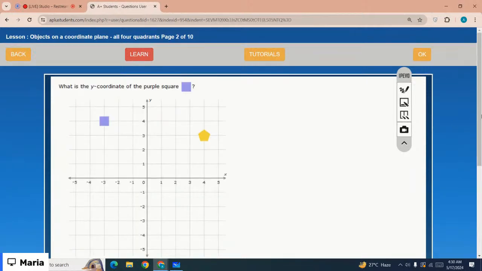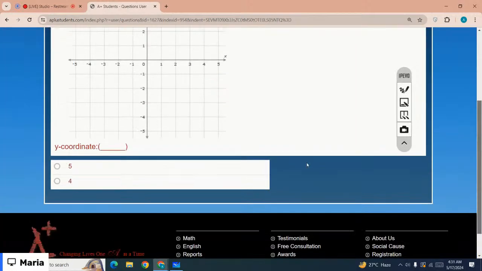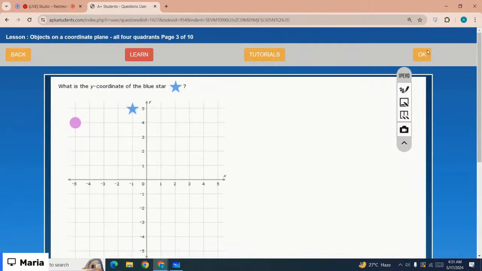What is the y coordinate of the purple square? So, which is the correct option? The y coordinate of the purple square is 4. The correct option is 4. What is the y coordinate of the blue star?